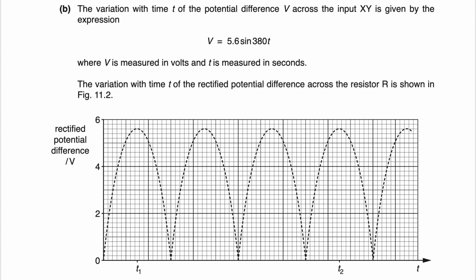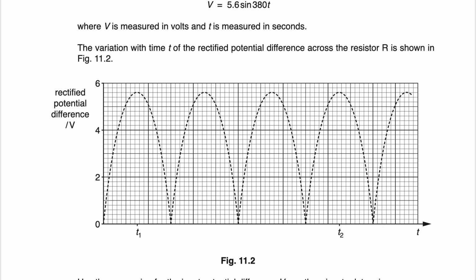Whenever we see this kind of equation, you can directly compare it to y equal to A sine omega t. So omega is 380, 5.6 is the amplitude, V is the output. The variation V is measured in volts and t is measured in seconds.